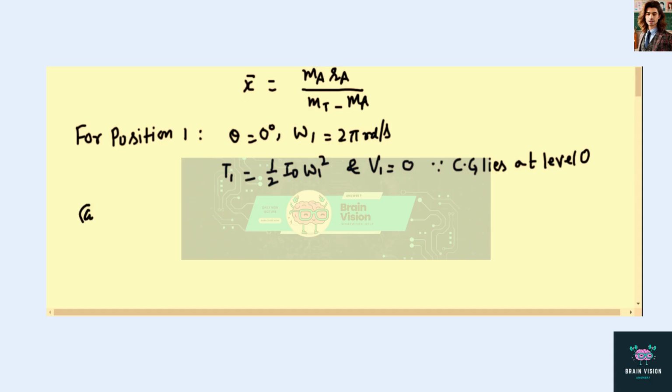Position 2. Here theta is 90 degree. Suppose angular velocity becomes omega 2. So kinetic energy at this position is half I O omega 2 square.